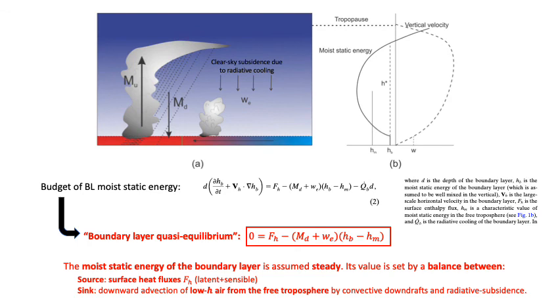And then HB minus HM is the moist static energy difference between the boundary layer and the free troposphere in the simplified assumption. So this is just a really important concept, and I wanted to introduce it to make it clear, so you've heard this term and have some sense of what it means, because it's a pretty complicated sounding concept.